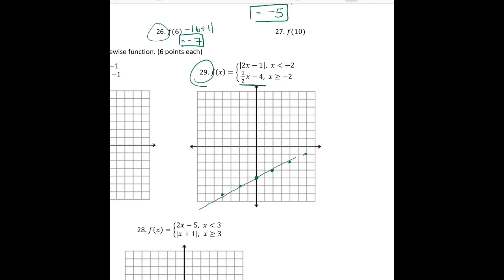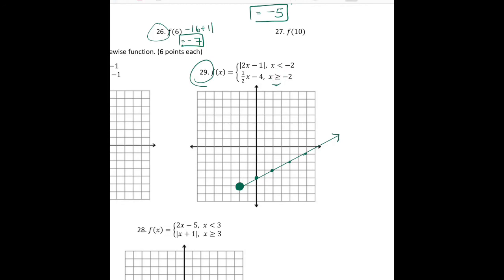And so my line will look like this. It's a little bit off, but oh well. Okay, and I know that I only care about this function if x is more than or equal to -2. So I'm going to find -2 and erase everything to the left of that. And since it's included, as you can see it says equal to, it's going to be a filled circle. So I'm going to just fill that in.